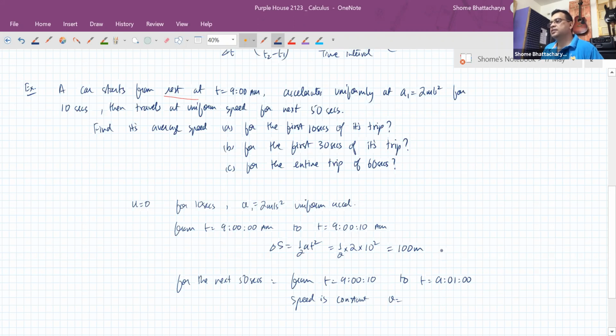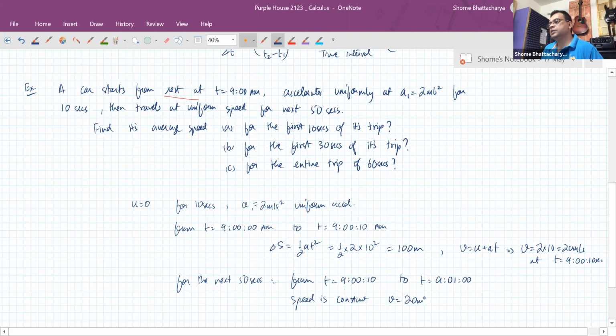At the end of the acceleration period, we have the formula v is equal to u plus at. So the speed will be equal to 2 into 10, or 20 meters per second, at t equal to 9 a.m. and 10 seconds. During this period from 10 seconds to 9 a.m. and 1 minute, it will be going at a constant speed of how much?